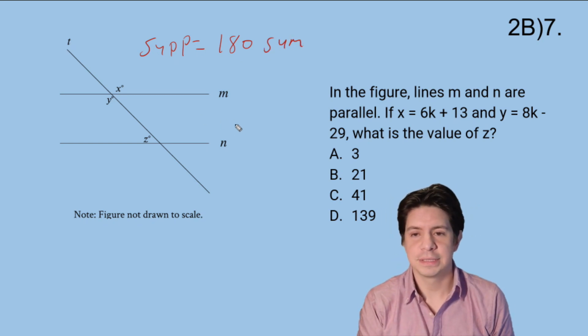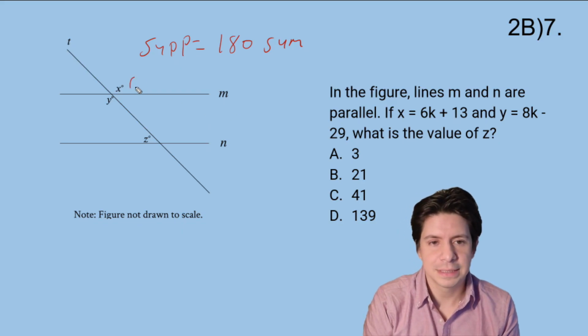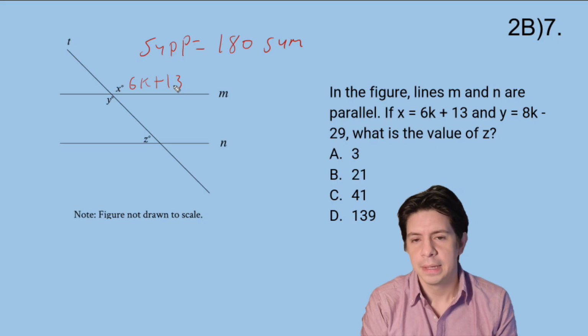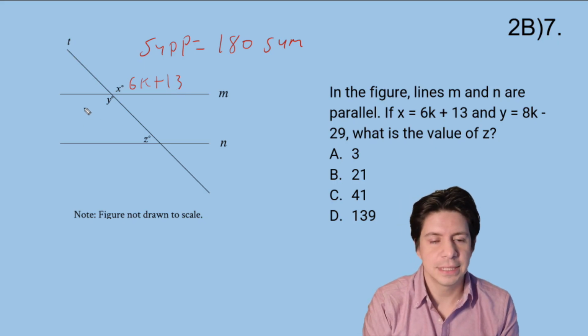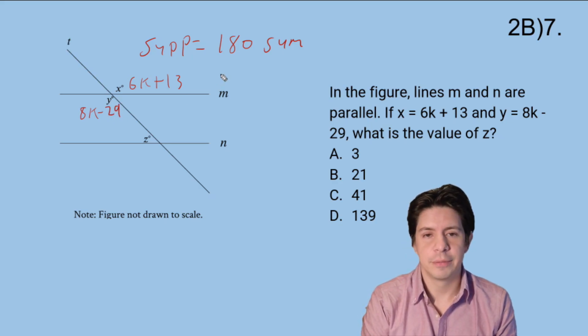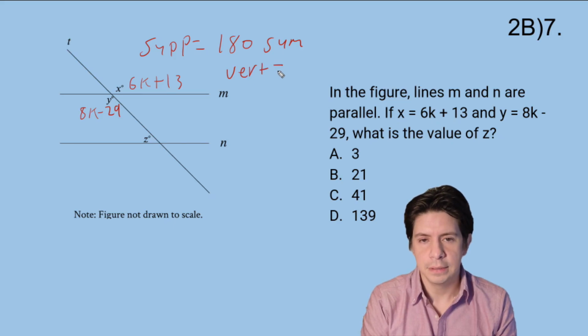So if x equals 6k plus 13, so this is 6k plus 13, and y equals 8k minus 29. So this has nothing to do with the parallel lines because they're on the same line. They're vertical angles. And if you remember, vertical equals congruent, right? So cong.